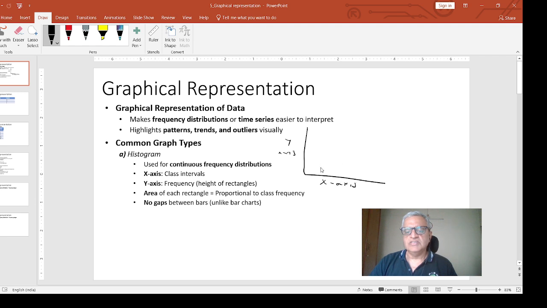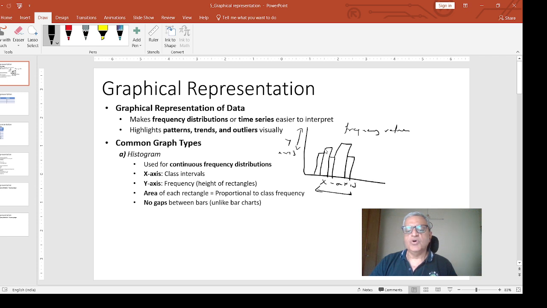Your class intervals are depicted on the x-axis, and on the y-axis you have the frequency values. In a histogram there are no gaps between the bars.